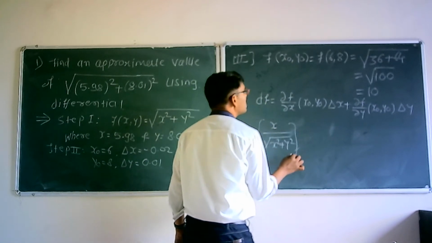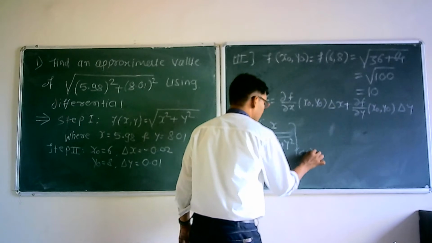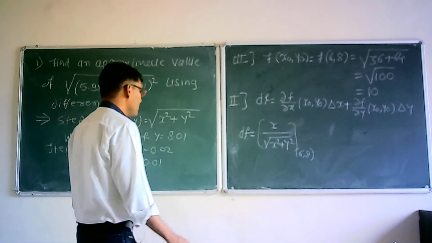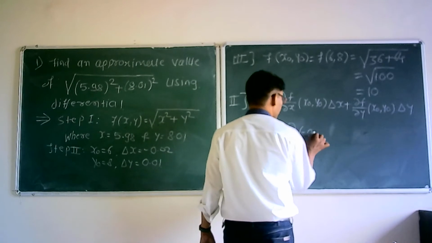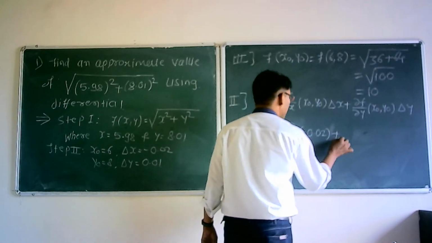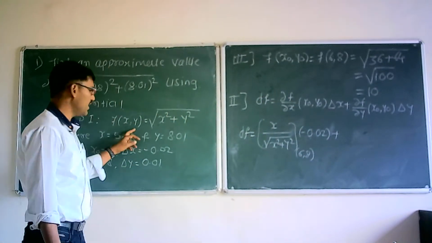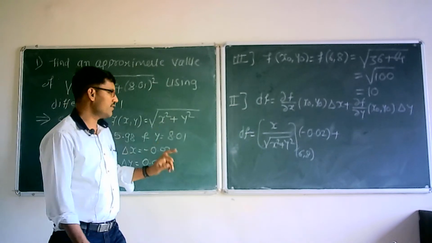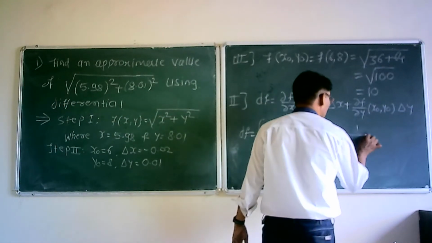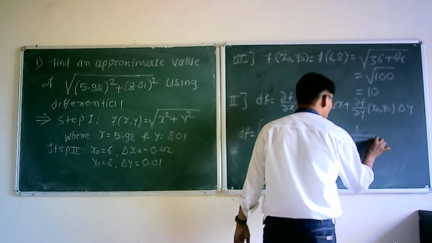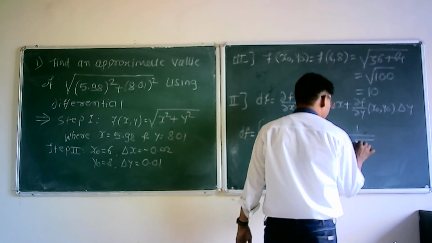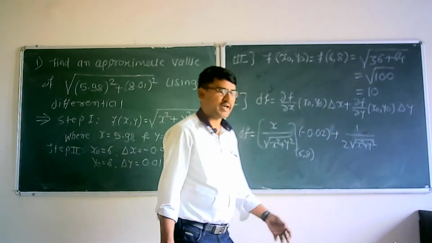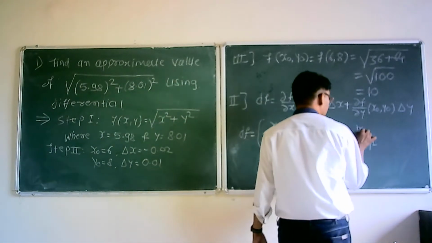What is x0, y0? It is 6, into delta x. So what is the delta x? Delta x is minus 0.02. Plus, similarly, if we differentiate this function with respect to y, the partial derivative is 1 divided by 2 times under root of x square plus y square, and again the derivative of x square plus y square, by using chain rule, is 2y.